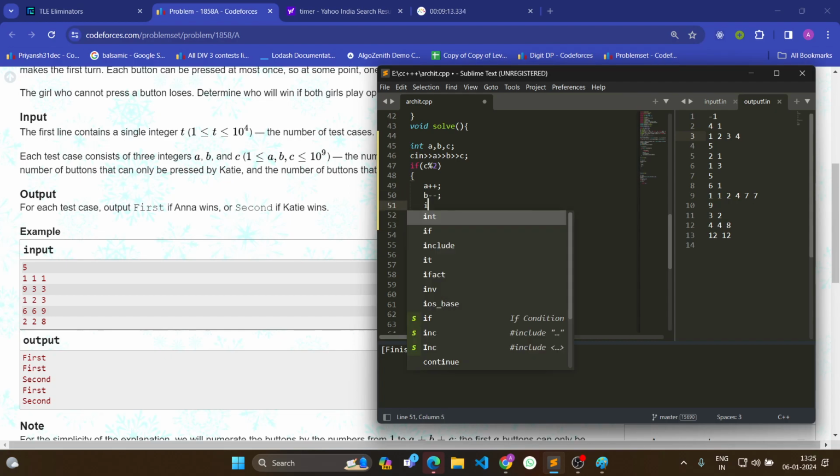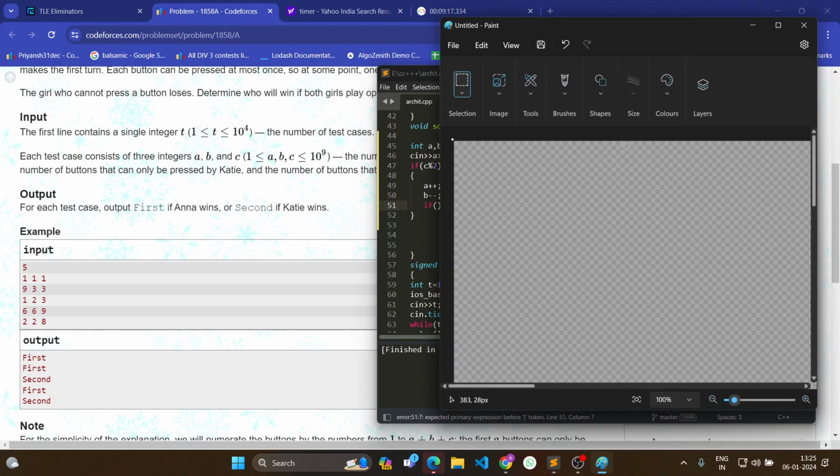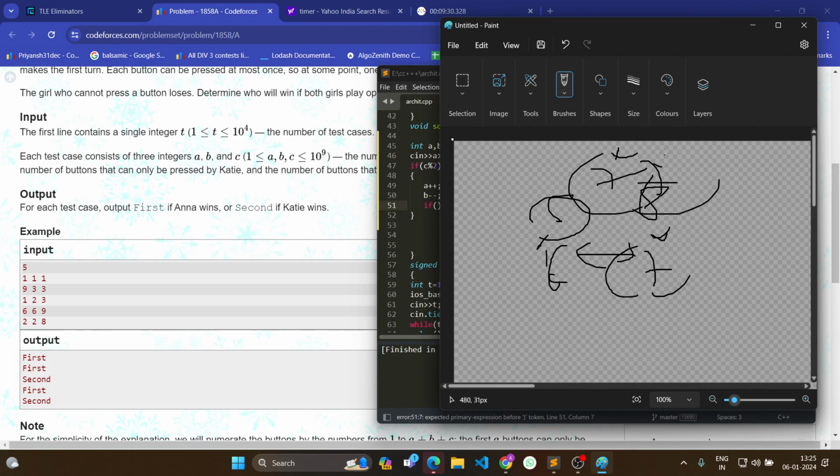In that case, now I'll see, if it was 8 and she has 5, now it becomes 6. This becomes 7. Even in this case, Anna will win. If it's 7-7, even in that case, Katie will win.